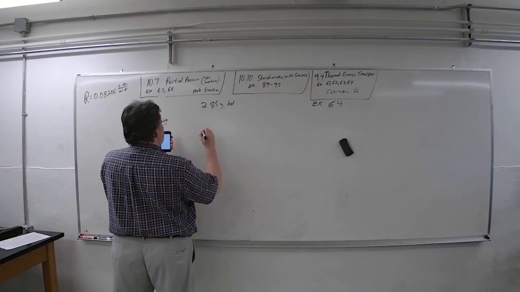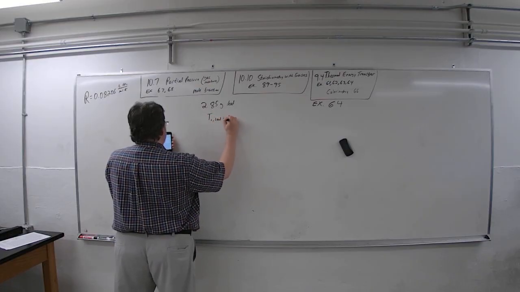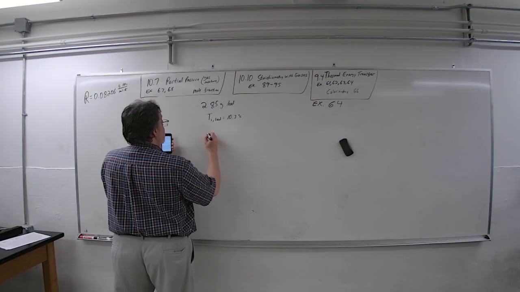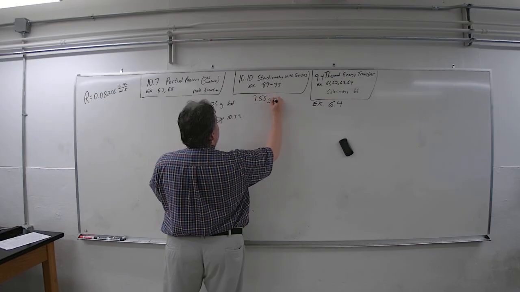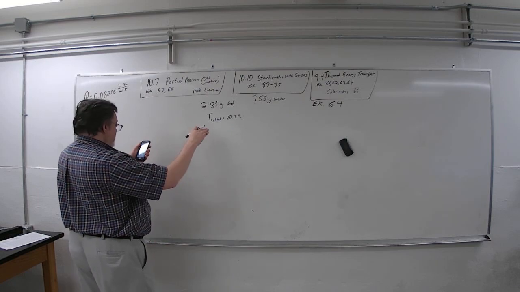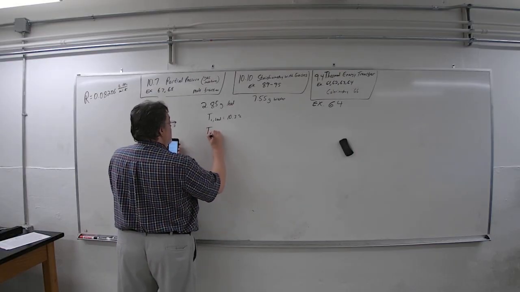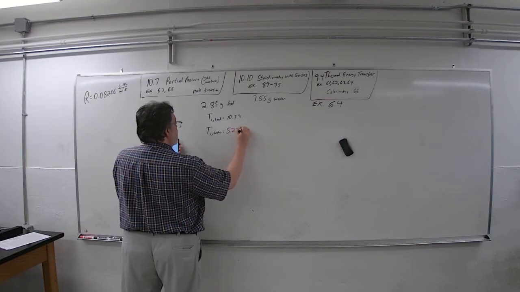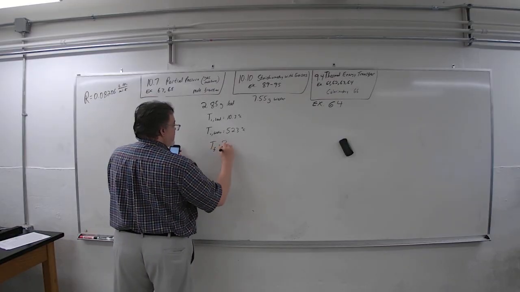Lead initially at 10.3, so T initial for lead is 10.3 degrees C, submerged in 7.55 grams of water, so I have grams of both. Initial for lead, the water initial, temperature final for both of them is what we're being asked for.